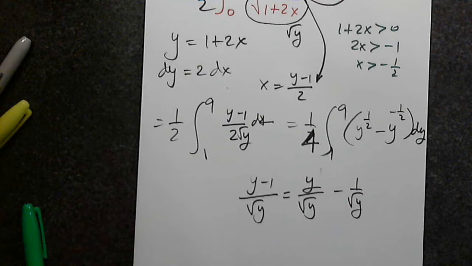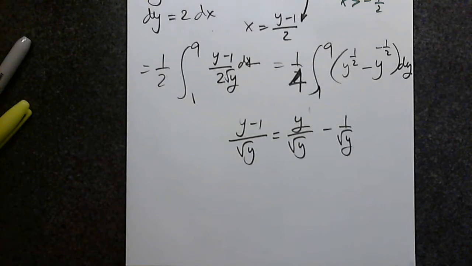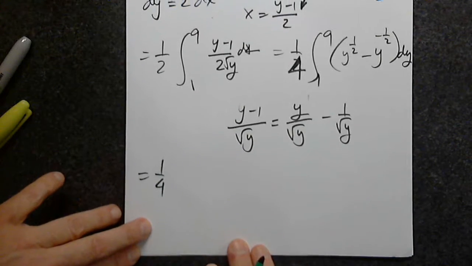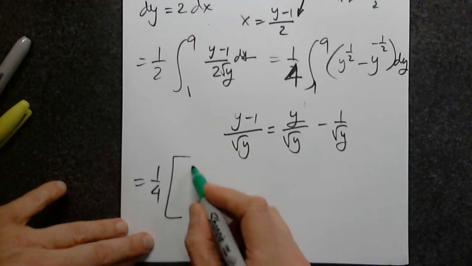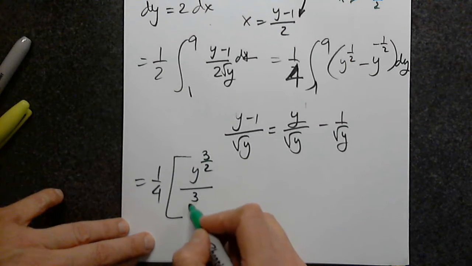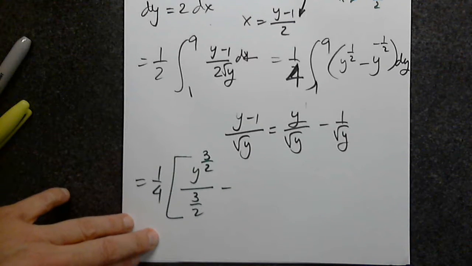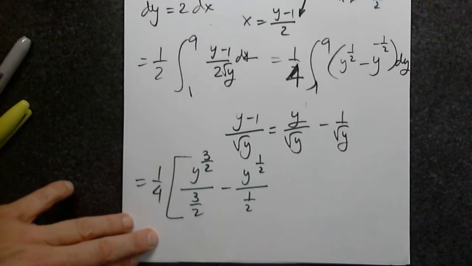And again, indefinite integrals, we're not going back. Don't you complicate things if you do. So this is 1/4. Which function prime is this? So it's y to 1/2 plus 1 over 1/2 plus 1, minus y to -1/2 plus 1 over -1/2 plus 1.